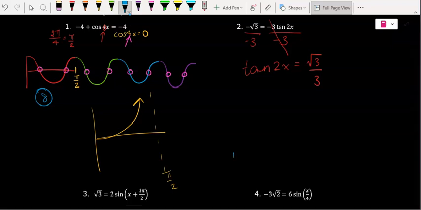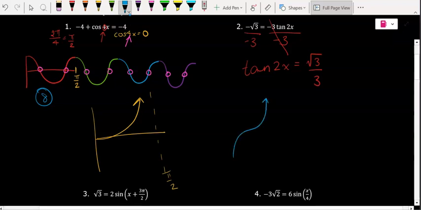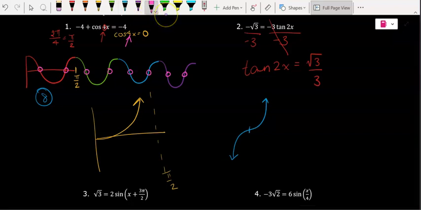Remember that tangent went like this, right? But right here in the middle was 0, and I had my asymptotes here at pi over 2 and negative pi over 2. So my period itself was just pi.